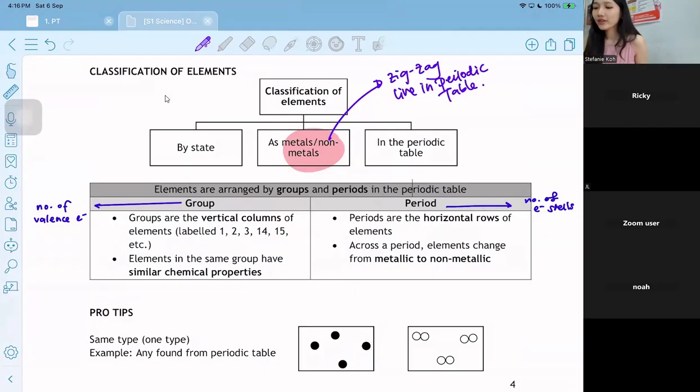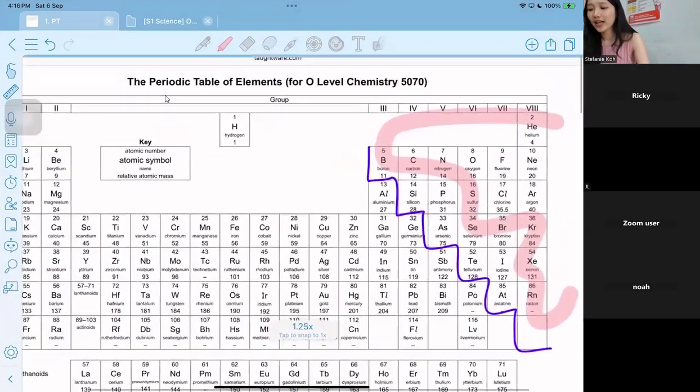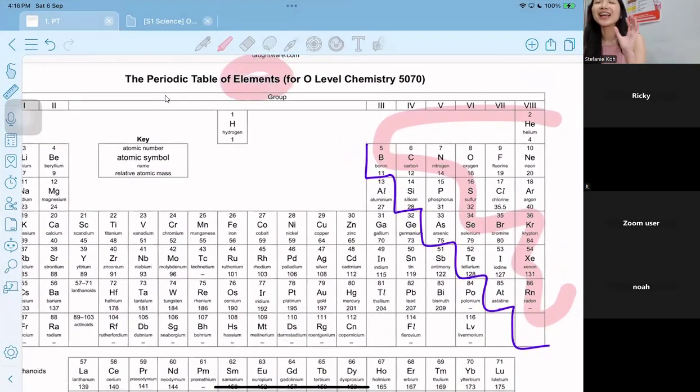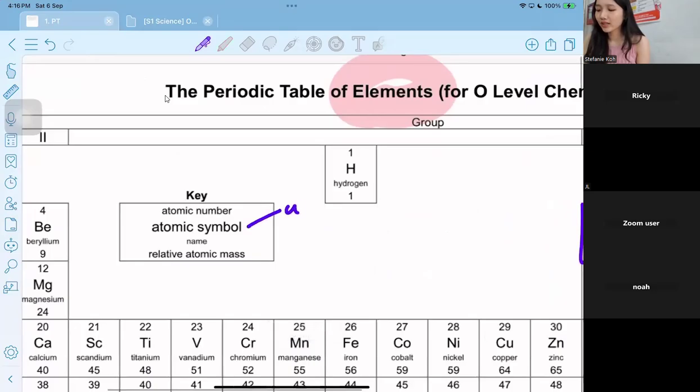Now, whatever you see in this periodic table, by the way, they are all elements. That's why it's called the periodic table of elements. Everything you see here is an element. And all of them have a unique atomic or proton number.